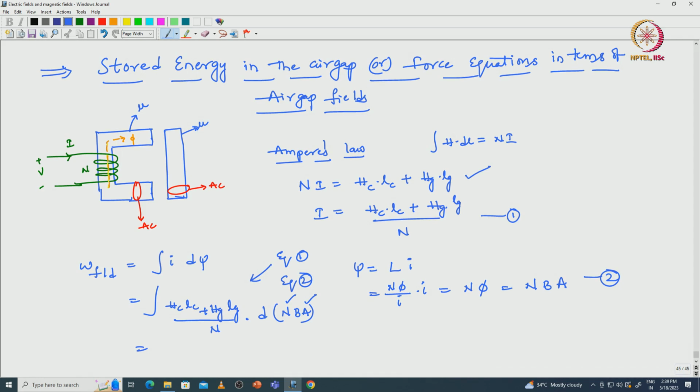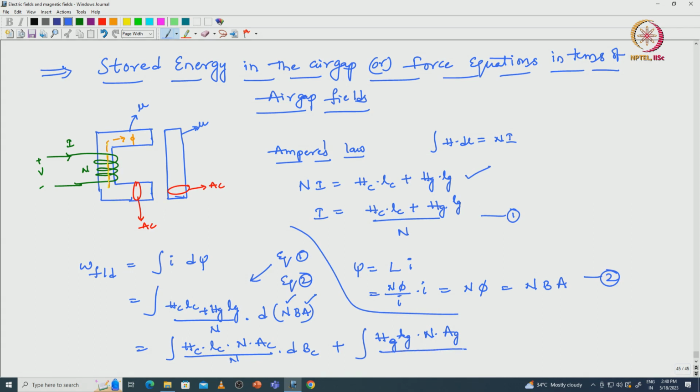If I bring N into A outside, then this integration results in: the integral of Hc Lc into N into the cross-sectional area of the core divided by N, into dBc, plus the integral of Hg Lg into N into Ag divided by the number of turns N, into dBg.